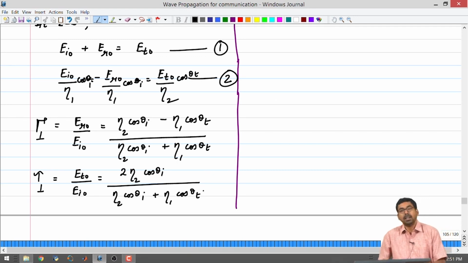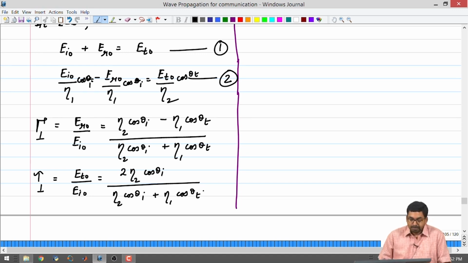It is also possible to find a relationship between gamma and tau. You can already see that the denominators are identical, and it will look like 1 plus gamma perpendicular is equal to tau perpendicular. So, there is no issue with that. It looks similar to the normal incidence case where 1 plus gamma was equal to tau for a similar polarization configuration.